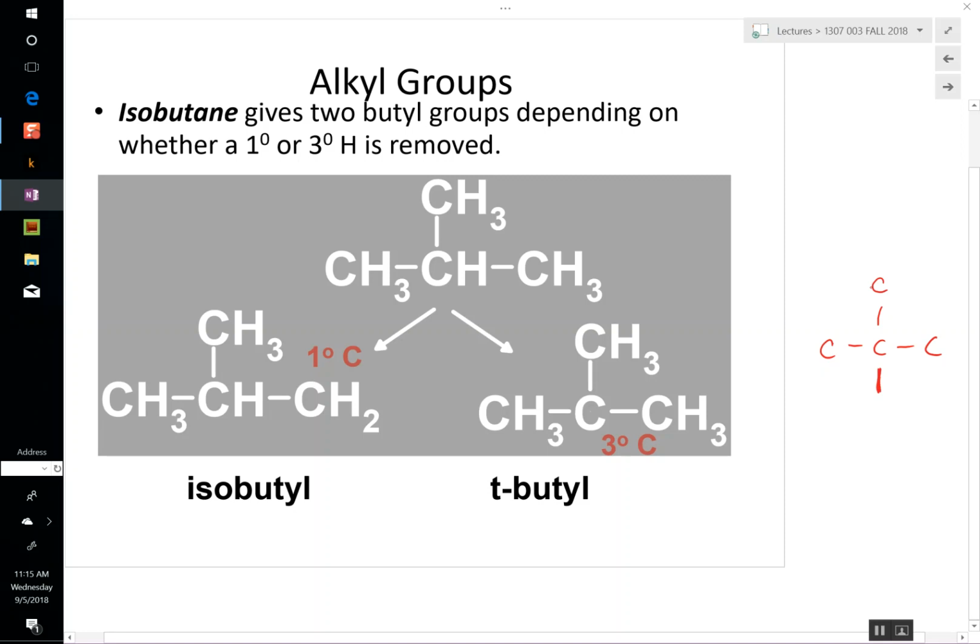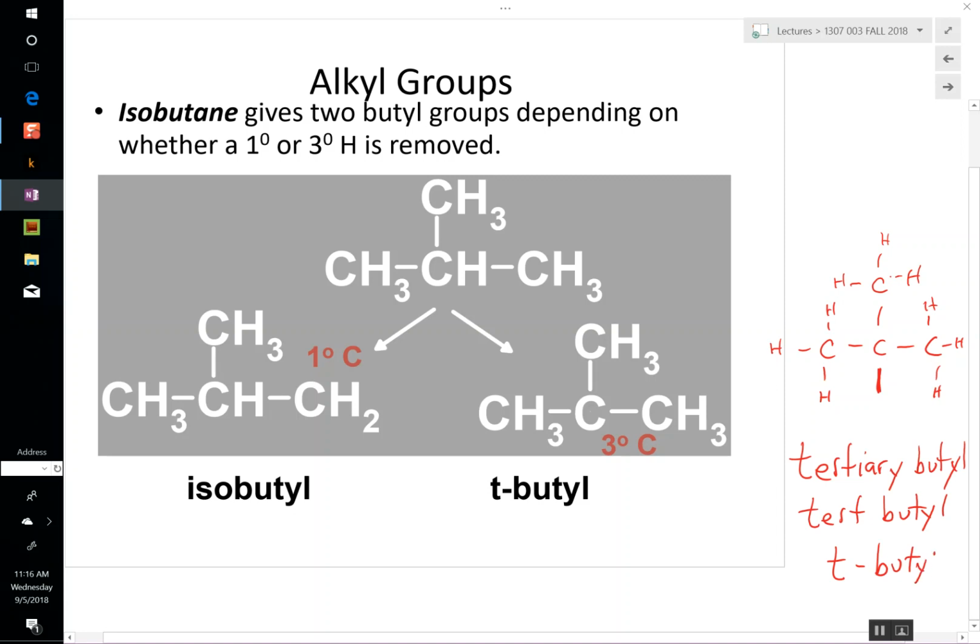And there's where it attaches. So you've got hydrogens all around your tertiary butyl. So this is called tertiary butyl, or it's called tert-butyl, or it is just abbreviated as T-butyl. All just referring back to that first word, tertiary.